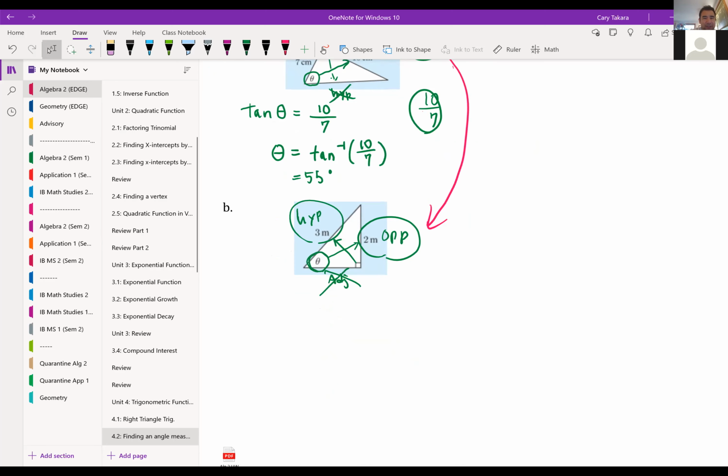Okay, you getting that? So let's set up sine of theta, the angle which we don't know, equals 2/3. Theta equals inverse sine of 2/3. And you should get, what do you get? 41.8 degrees.